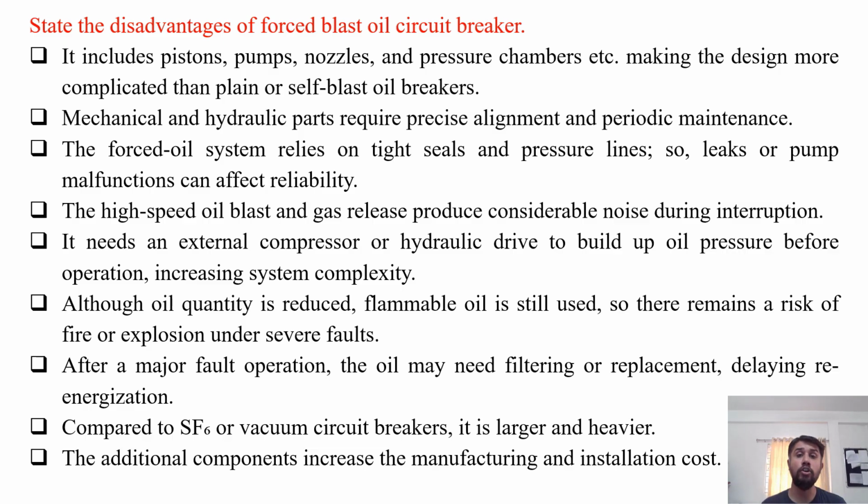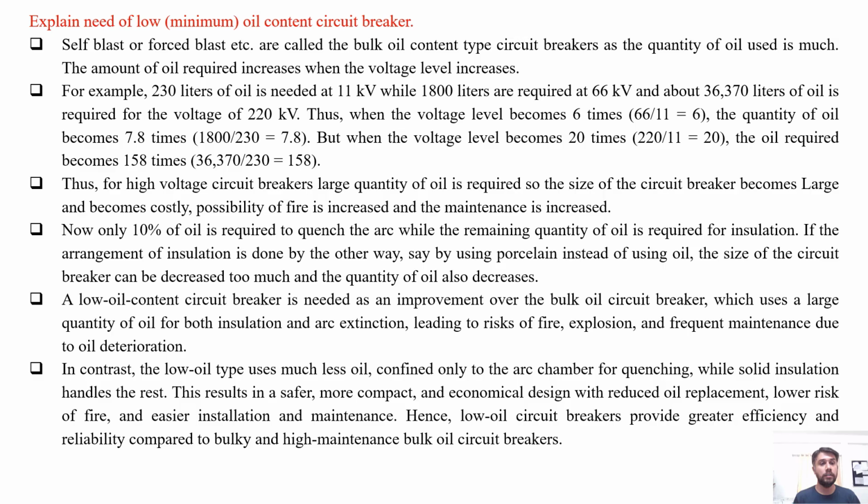After a major fault operation, the oil may need filtering or replacement, delaying re-energization of the breaker. Compared to SF6 or vacuum circuit breakers, it is larger and heavier. The additional components increase the manufacturing and installation cost. So these are several disadvantages of forced blast oil circuit breaker.